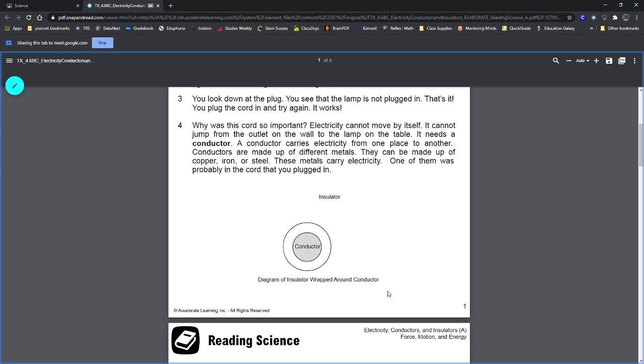The inside of it has a conductor, and like they said, it's a metal. So usually they use things like copper, iron, or steel. In the case of most of the cables we have, it's probably copper.